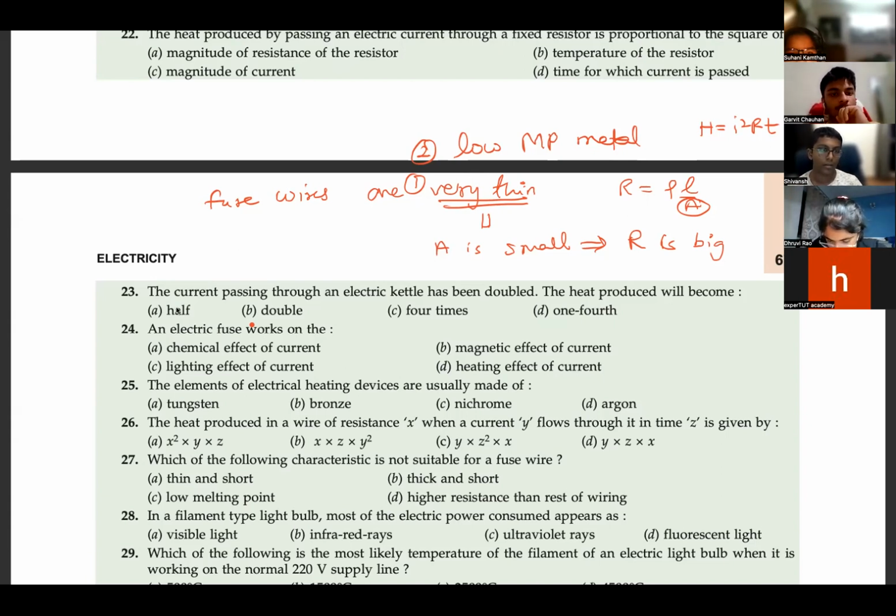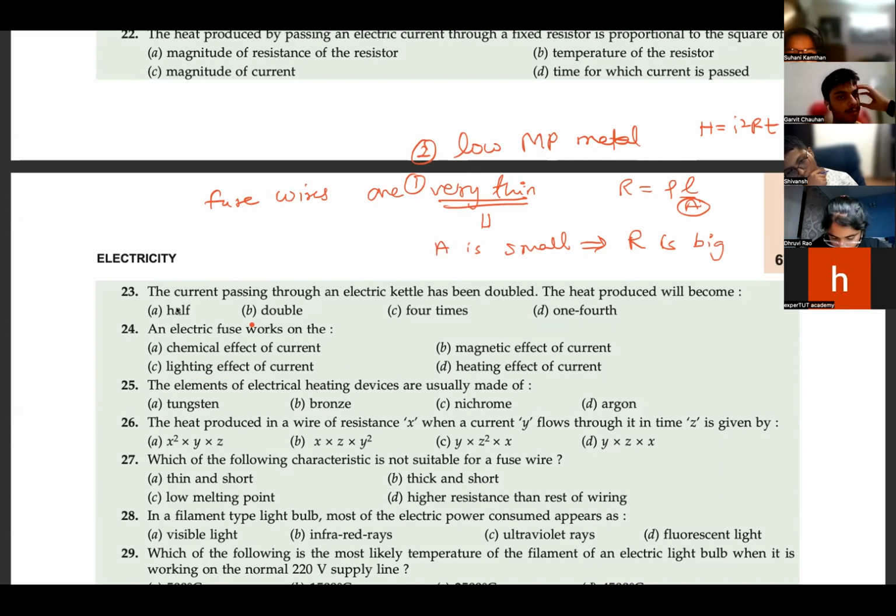So the fuse wire will be such that it should allow 5 ampere. Let's say the fuse is made for 5 ampere. It will not melt when the current is 5 ampere, but it will melt if the current is 10 ampere. So there is a very slight margin of operation.